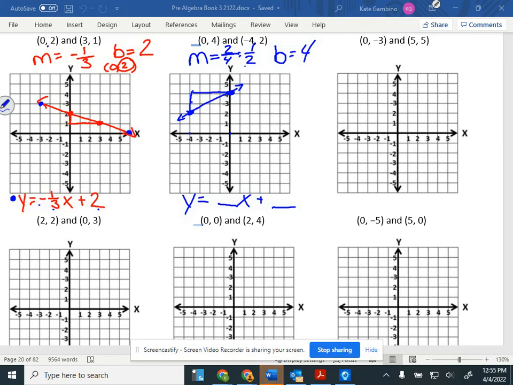So it would be y equals, my slope is a half, and my y-intercept is 4. So you're just taking that same equation that we've been working with, y equals mx plus b. Slope times the x plus the y-intercept. So just take it that one step at a time, and it starts to fall into place.